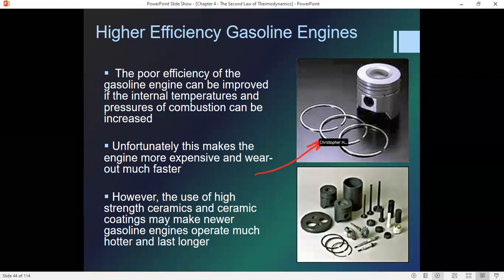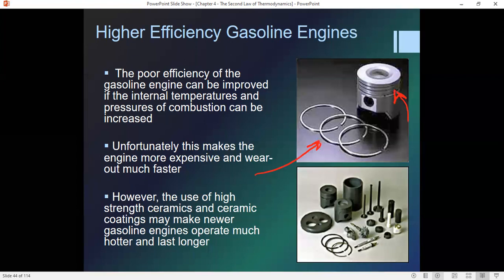These are the rings which are used to seal the pistons inside the cylinders. And obviously, the hotter the temperatures become, the weaker the material becomes, and the more easily it's worn down. So higher internal pressures and higher temperatures have benefited us in terms of efficiency.